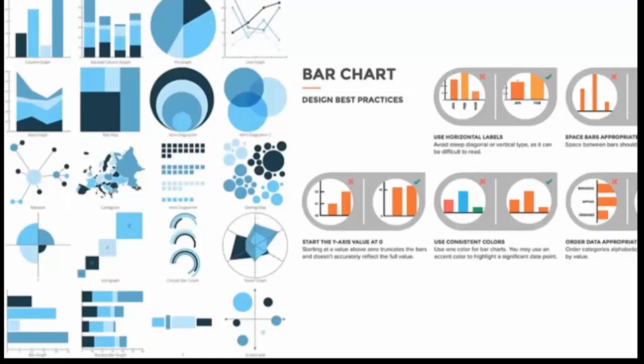This bar graph has something about using horizontal labels and ordering the data in a way that's pleasing to the eye, because a lot of data visualization is not just taking the data out, it's also arranging it in a way that's pleasing to the person viewing it, so you want it to look good aesthetically, but you also want to make it clear and concise so that people can look at what you're doing and get the gist of the data you're trying to get across without having to think too hard about it.